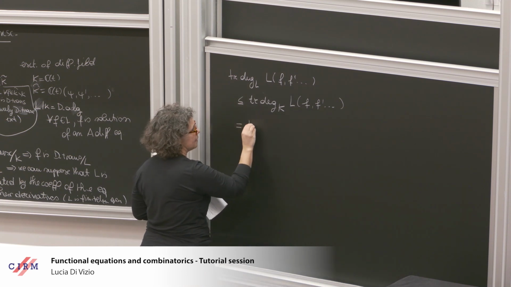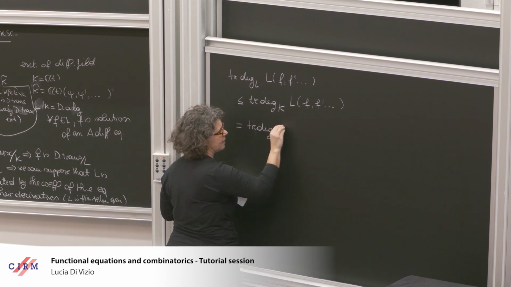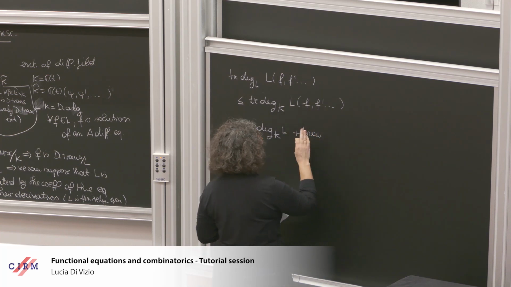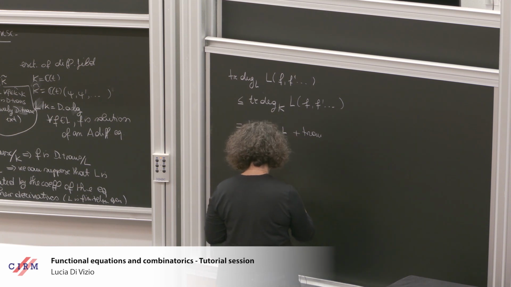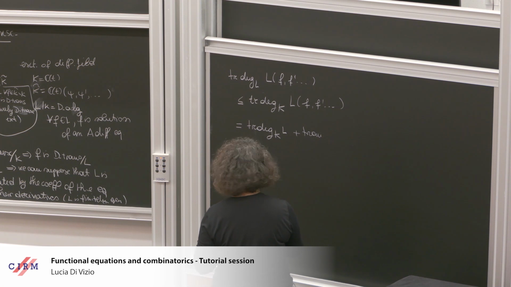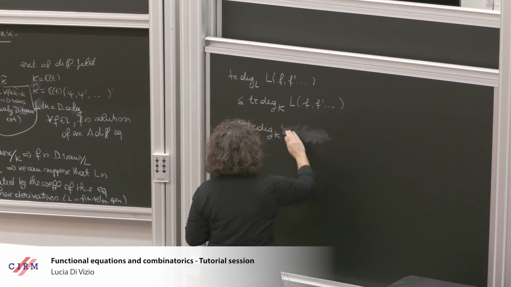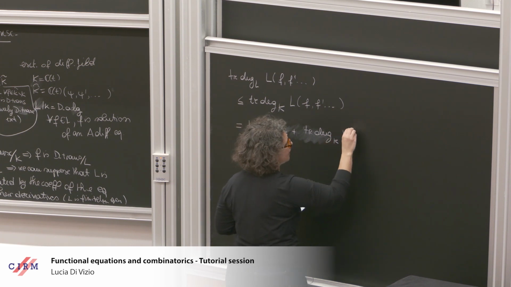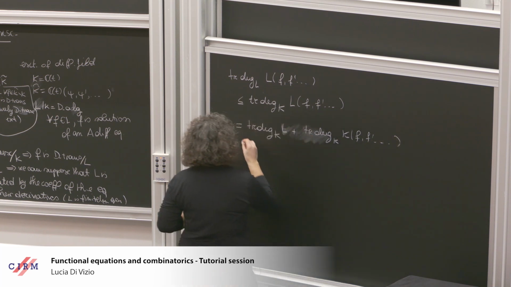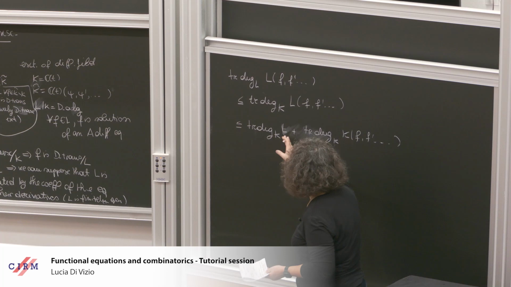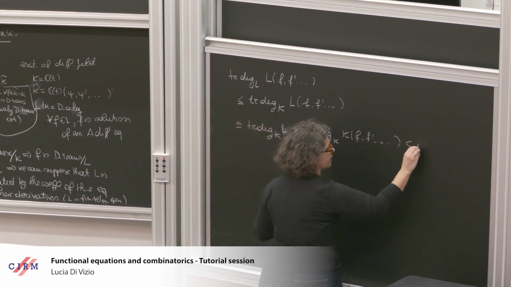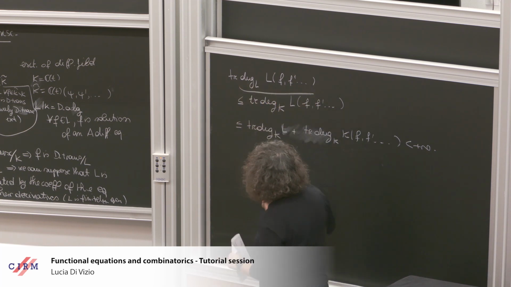And this is equal to the transcendence degree of L over K plus the transcendence degree of K(f, f prime, ...). So it means that you have something transcendental here and something transcendental in this extension, and you put a transcendence basis together, and this is finite by assumption, so these things here must be finite, okay?